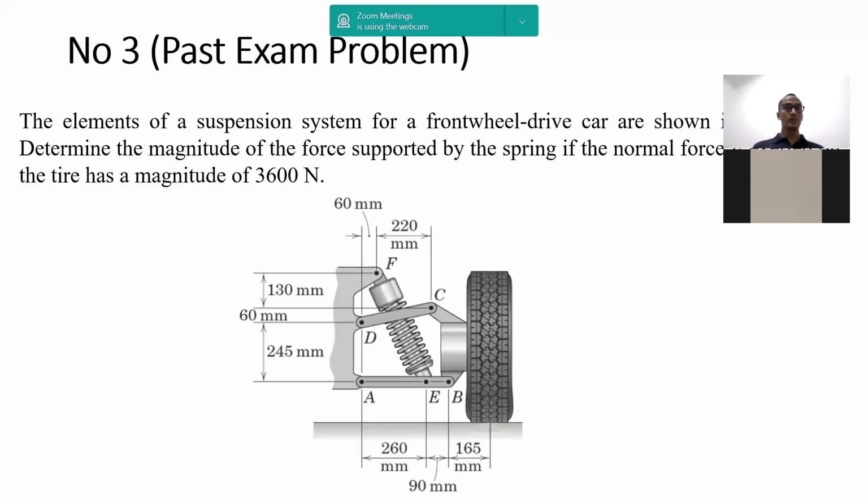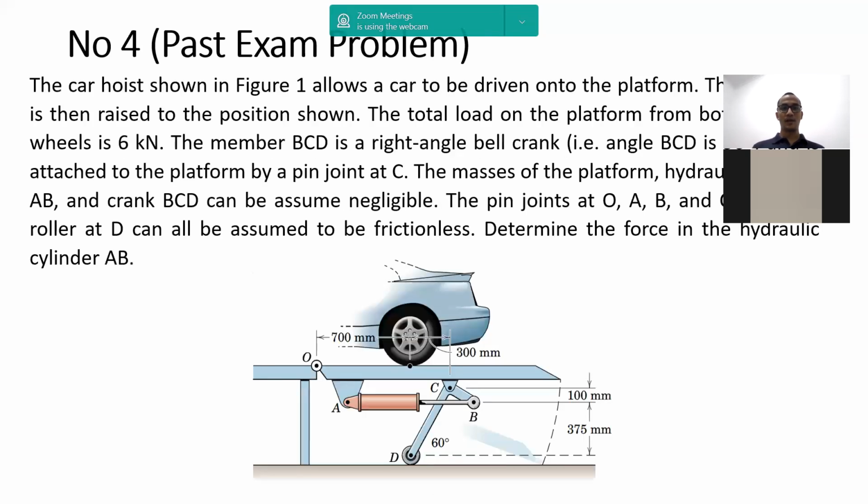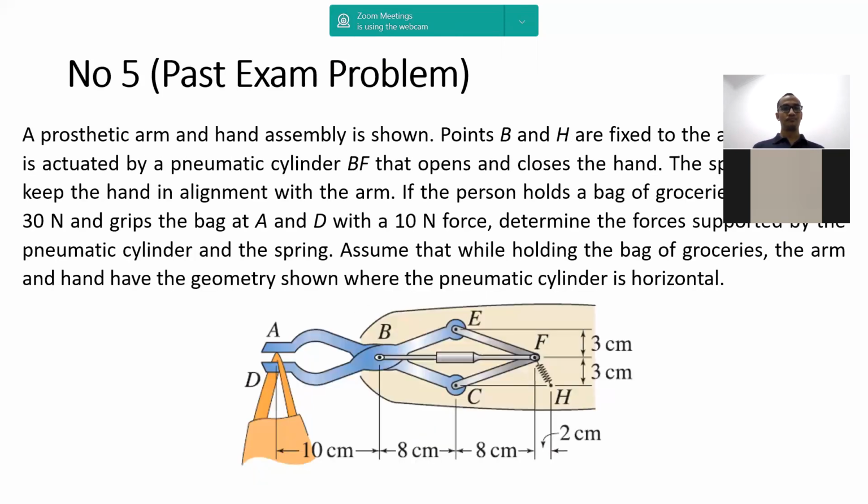This is one of the past exam problems. Number 3, 4, and 5, I took from the past exam problems. So you can practice from this, and hopefully you can do that. If you have any problem, in the next class we will discuss it.